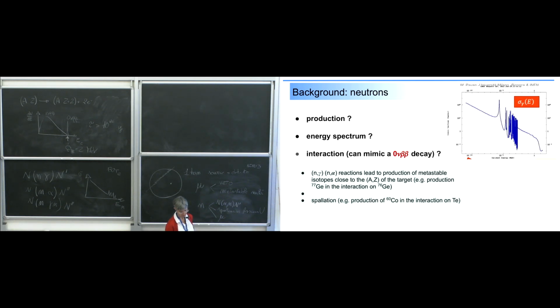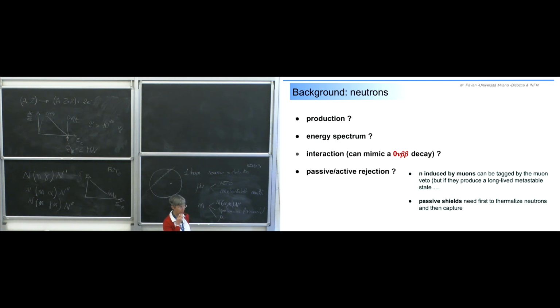Okay, so we know what the interaction is. We know that neutrons are dangerous. They exist at the ground and they are dangerous for our experiment. And the problem is that we cannot use for the rejection of neutron-induced background the same technique that we used for muons, exactly because of the kind of interaction they have.